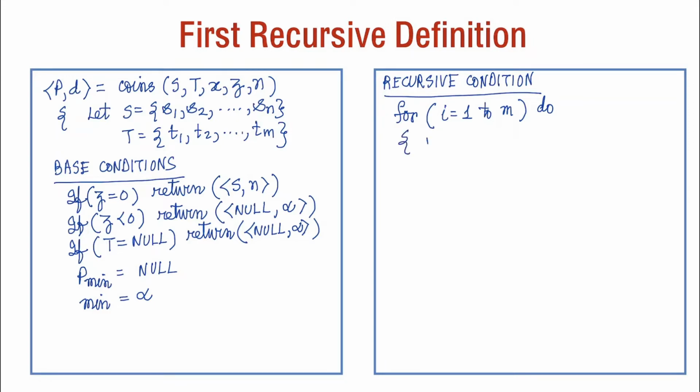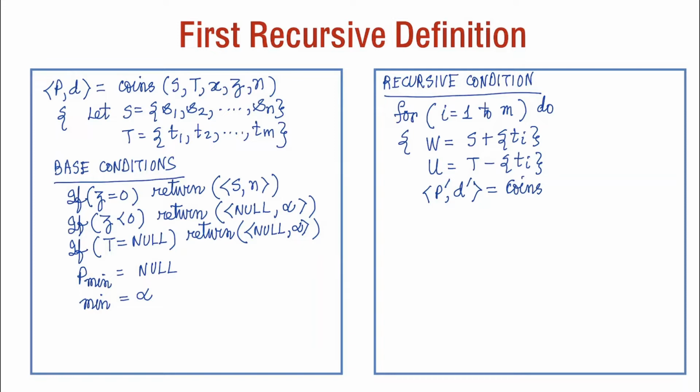What we are going to do is add that value in S. We are going to remove that value from t, and we are going to get the value p dashed, d dashed, and call coins.